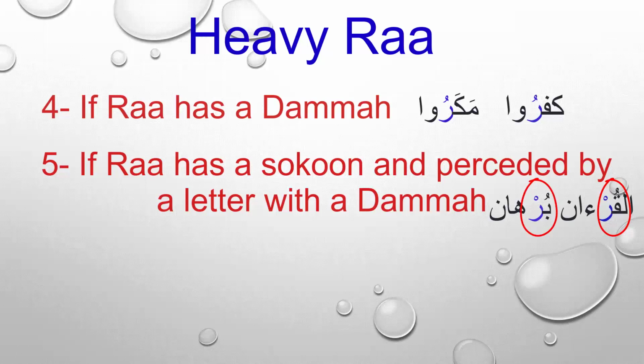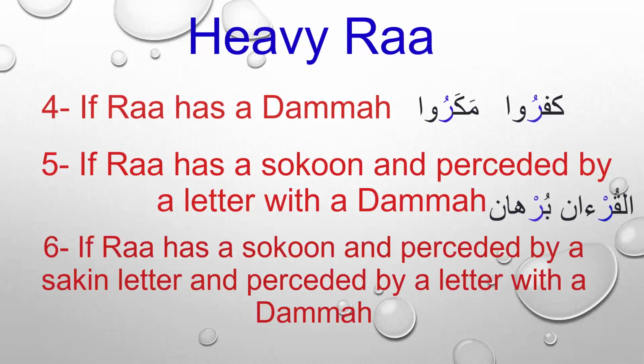Now let's move to the following case. As we said before, Ra sakina, preceded by a second letter, preceded by a fatha, it's a heavy sound. The same with Ra sakina, preceded by a second letter, preceded by a letter with dhamma. It's also going to be a heavy sound.